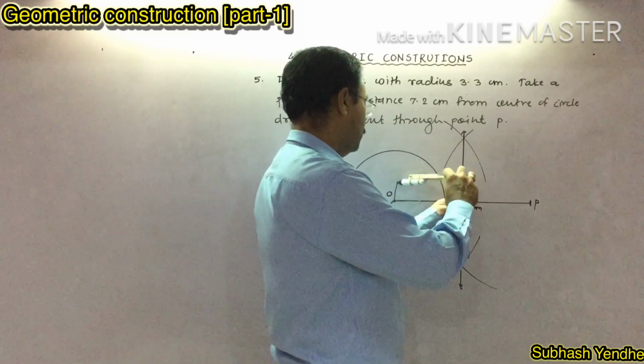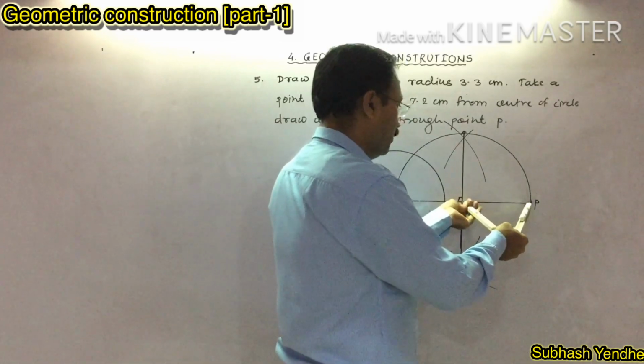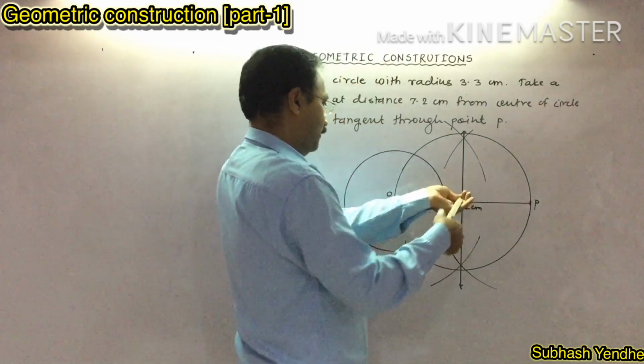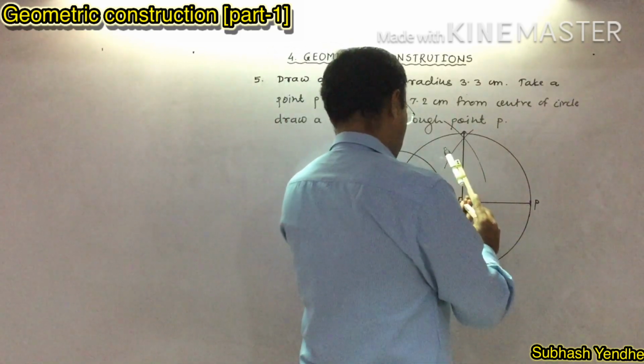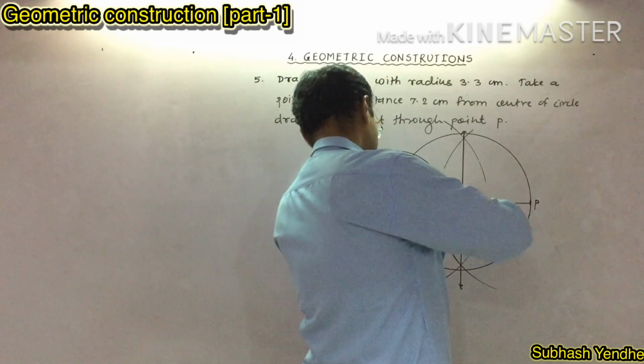So now see, I am going to draw a circle which is passing through the point P and the point O. Here I am going to draw a total circle.